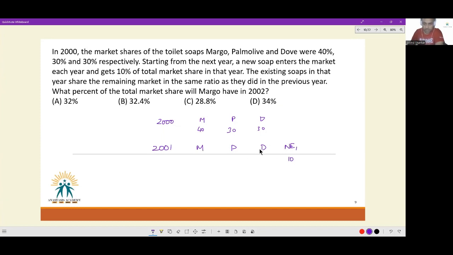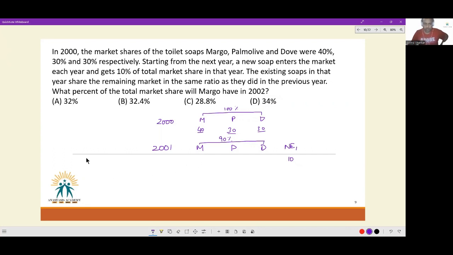Because of that, these three have only got 90% of the market. Previously, they had 100% of the market. Out of the 90% of the market, the ratio in which they have market shares is still 4:3:3.